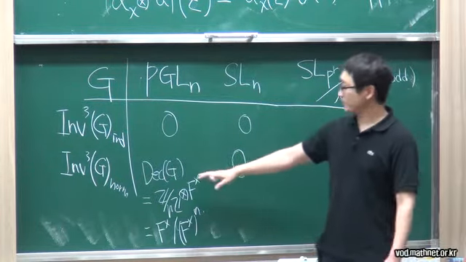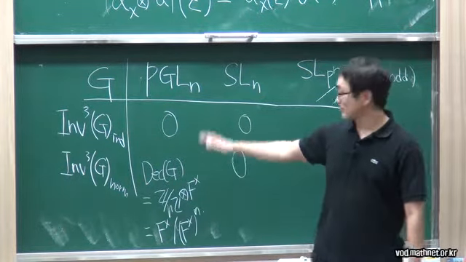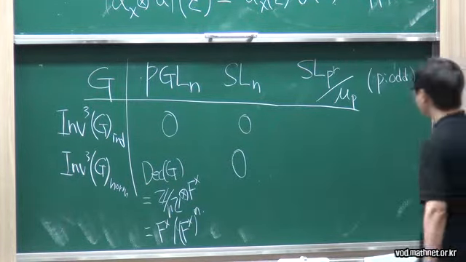So for algebraically closed field, we don't have degree 3 invariance for this adjoint group of type An.